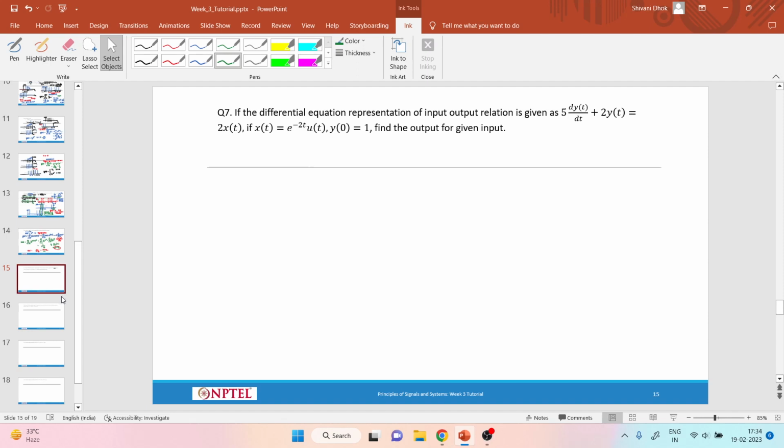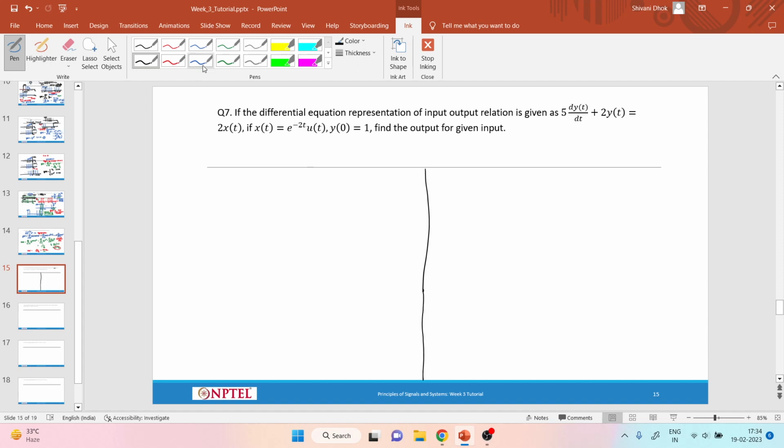Now let us look at the next question. This is based on the differential equation representation of your input-output relation, which is given by this formula. What was covered in the lecture was how we can find the solution of this differential equation.